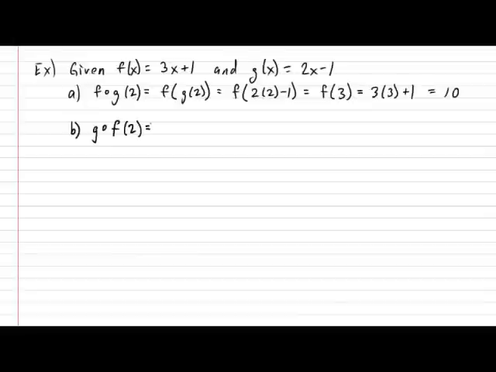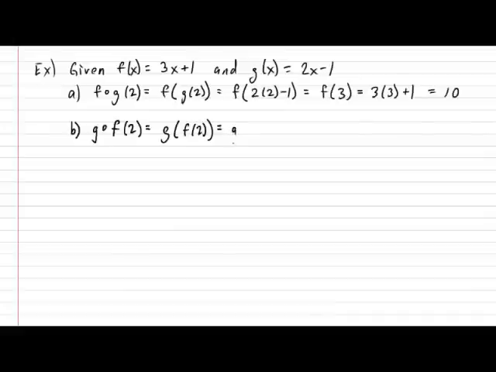Go ahead, pause the video and try it now, and feel free to either do it all in one line, like in question A, or if you're more comfortable, do it in two separate lines. Alright, let's see how you guys did. So, I'm going to be calculating the value of g of f of 2. And I'm going to do it all in one line within that bracket.